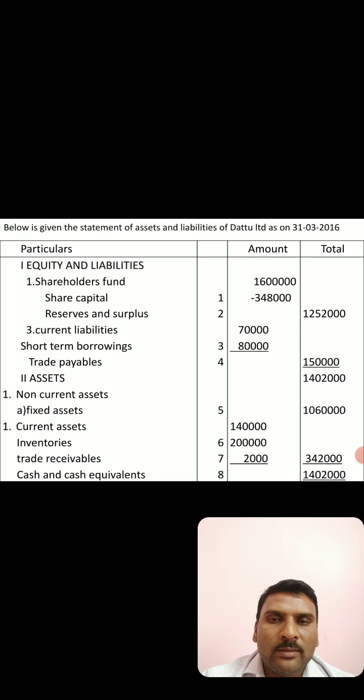So total liabilities 14 lakh 2,000. Same way assets: fixed assets 10 lakh 60,000, inventories 1 lakh 40,000, trade receivables 2 lakh, and cash 2,000.